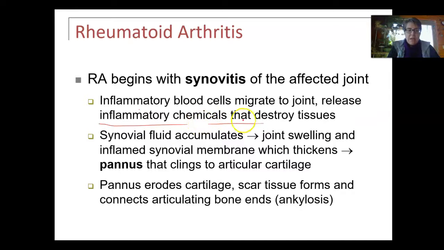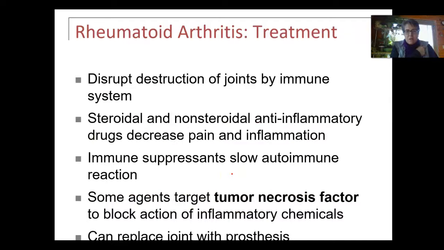You're attacking your own body, and that destroys the tissues, and the fluids collect, and then they solidify, and that forms this pannus, and the pannus breaks down the cartilage. I get scar tissue, and I get fused joints.